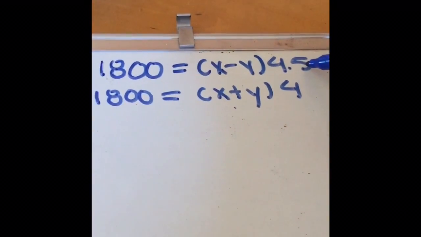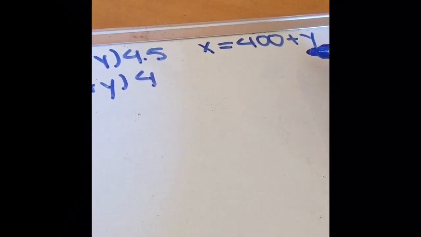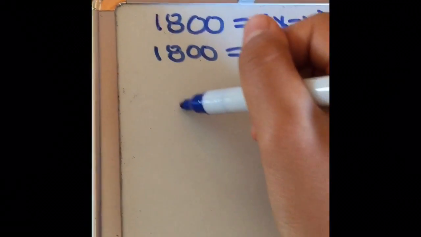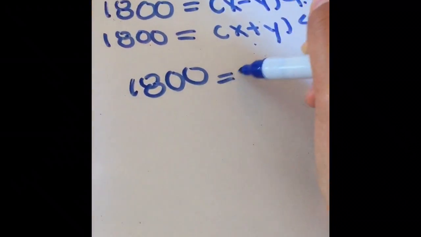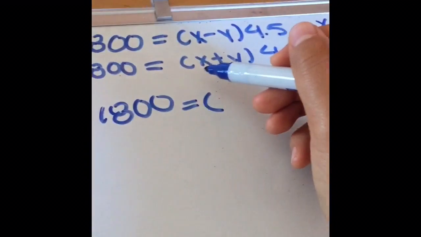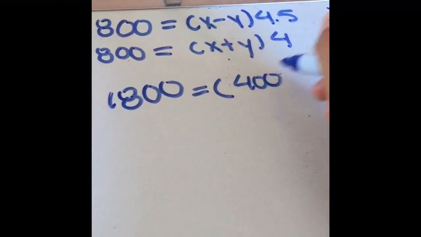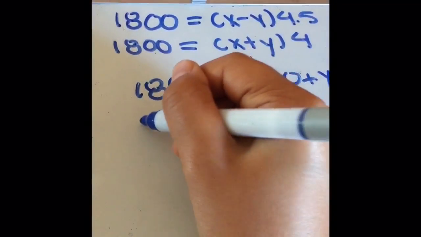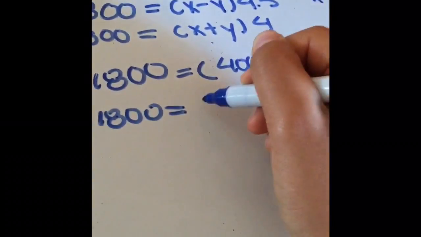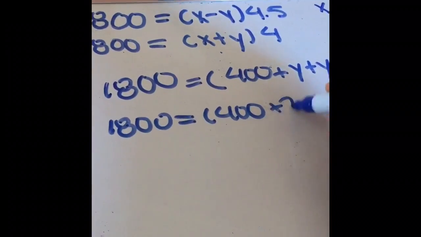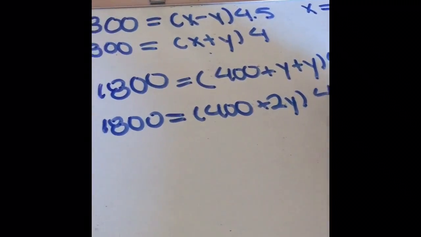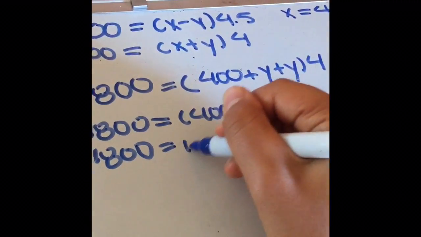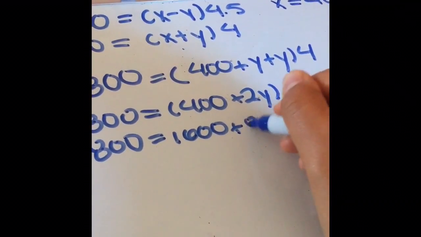After solving this equation for x, it brought us to x equals 400 plus y. Now we could plug in 400 plus y into the next equation so we could solve for y. So 1,800 equals, and we're plugging this value into the second equation, (400 plus y plus y) times 4. So then we get 1,800 equals (400 plus 2y) times 4, and when we distribute that we get 1,800 equals 1,600 plus 8y.